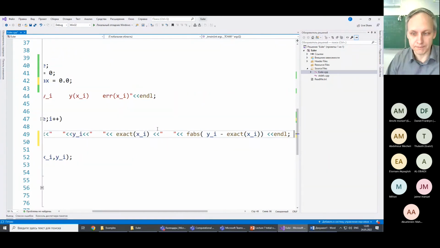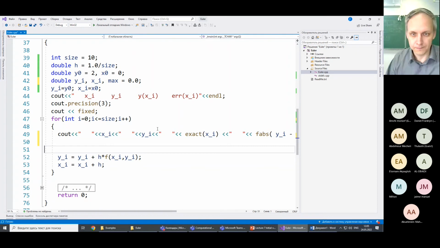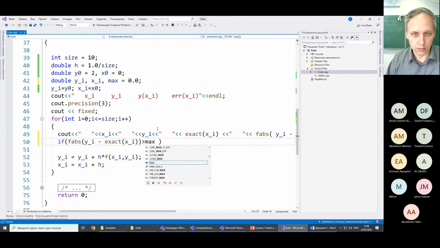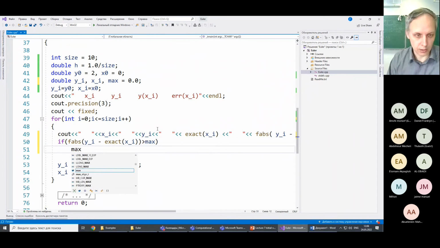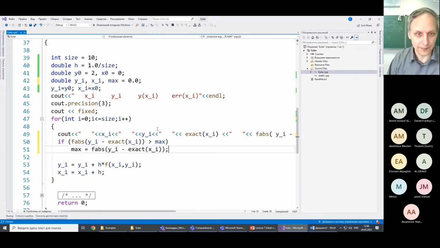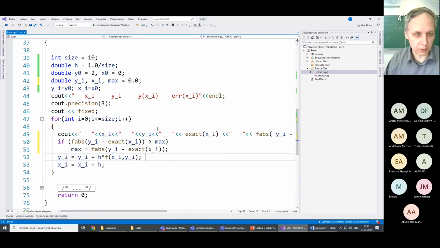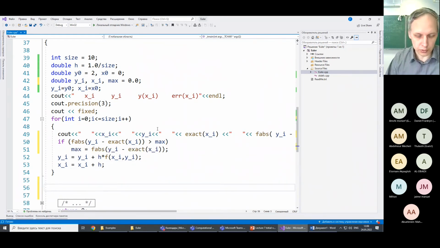Let's find the maximum error. If current error greater than max, then max equals the current error. After the loop, let's output the largest error.